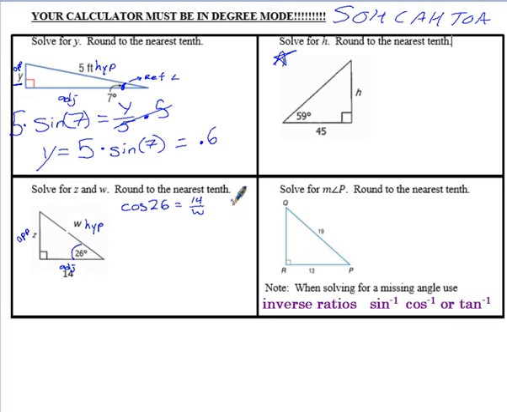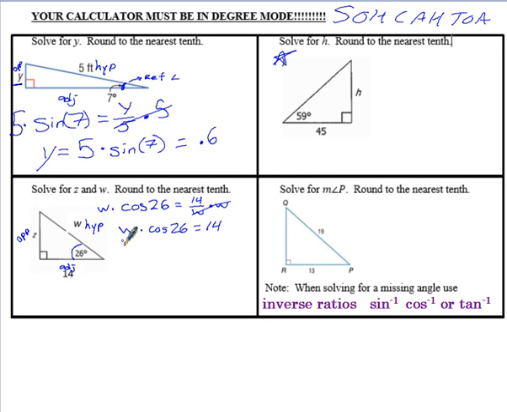Now this one's a little bit more strange to solve for. We need to get the variable out of the denominator. In order to do that, we have to multiply both sides by W. So now these cancel out, and you have W times cosine of 26 equals 14.